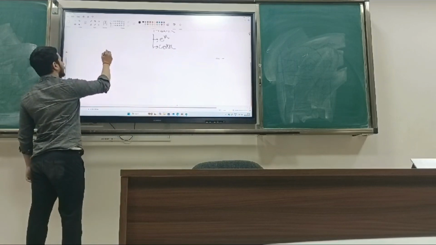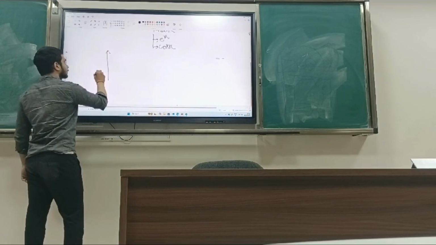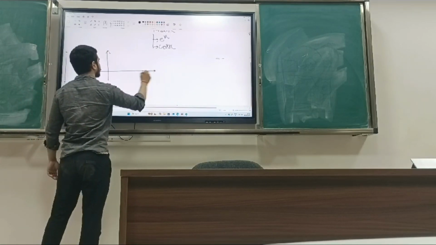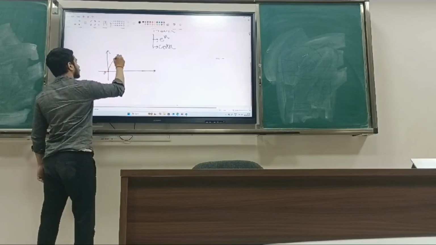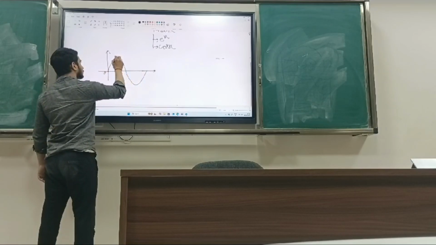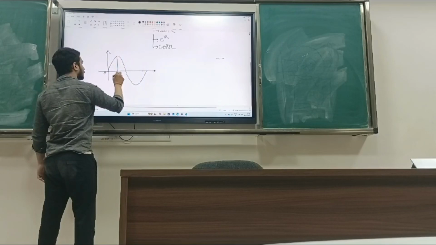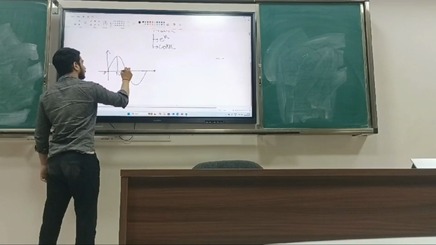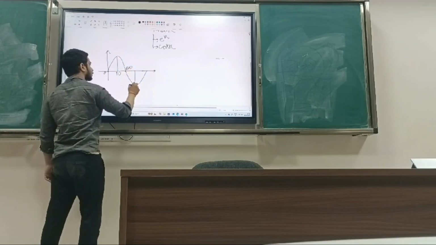So we know that the graph of sin x is like this. Here it is 0, then like this it goes. Sin 90 is 1, sin 180 is 0.